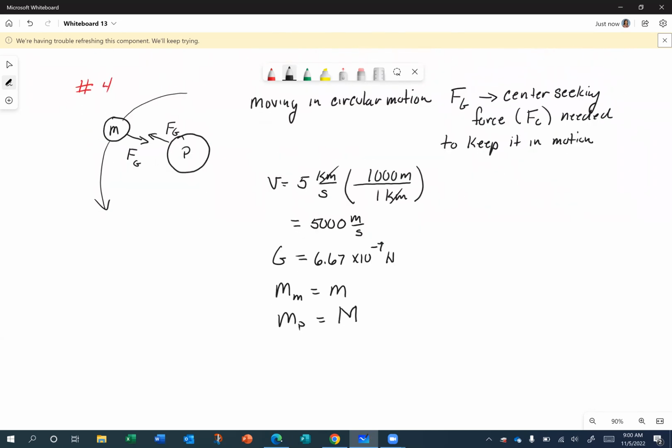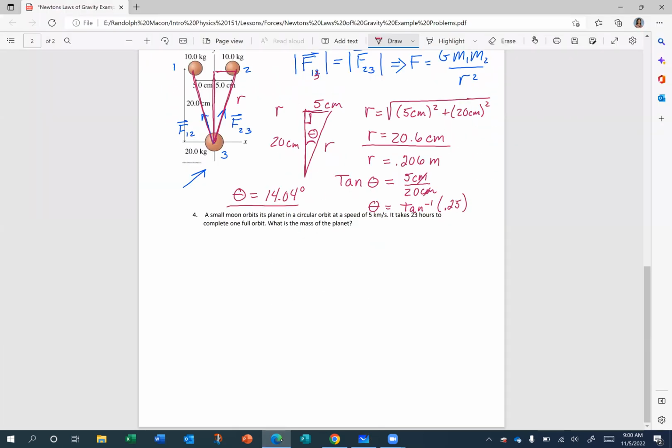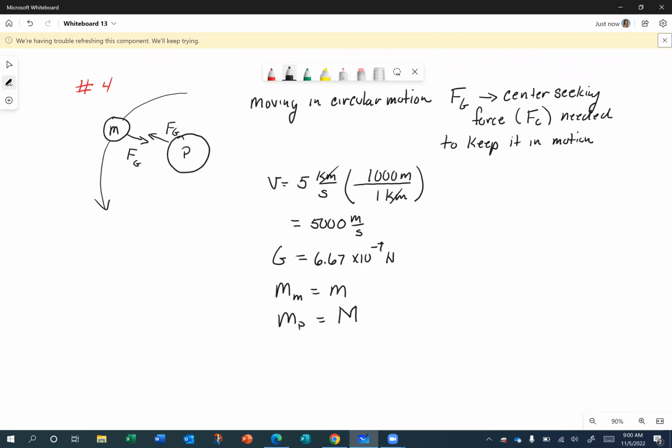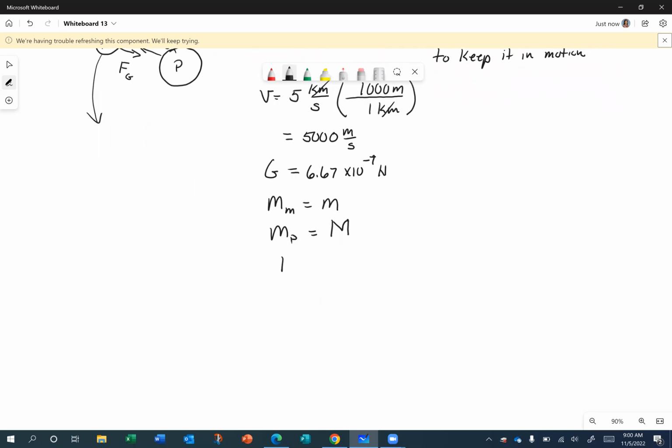We also know that it took 23 hours to complete one full orbit. So this is the time for one cycle. Remember that takes on a different name in circular motion. That is period. Period is the time it takes to make one cycle. So it's hours per cycle, right?